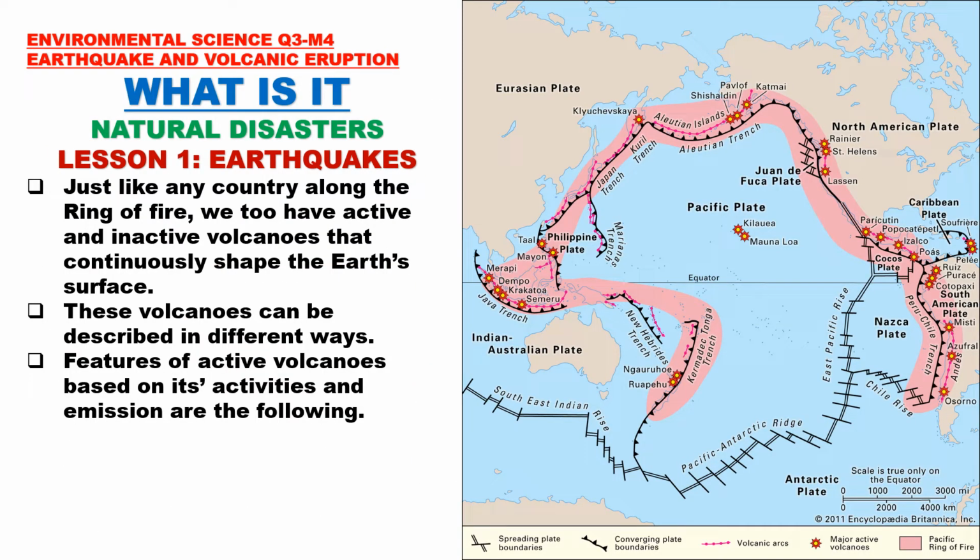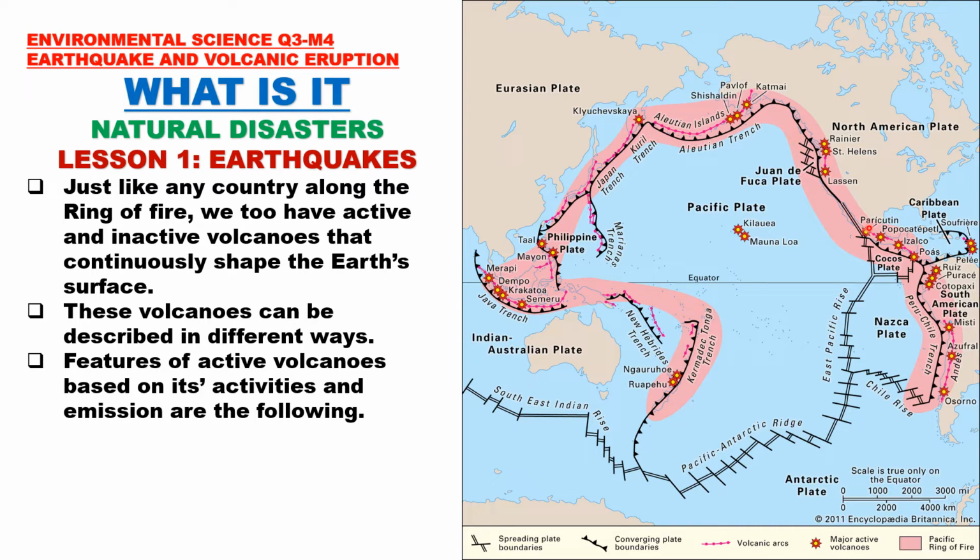Just like any country along the Ring of Fire, we too have active and inactive volcanoes that continuously shape the Earth's surface. These volcanoes can be described in different ways. Features of active volcanoes based on its activities and emission are the following. So before we proceed to the next slide, this picture is the Pacific Ring of Fire.